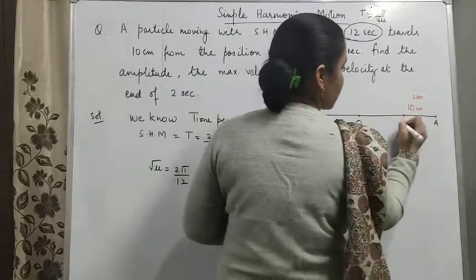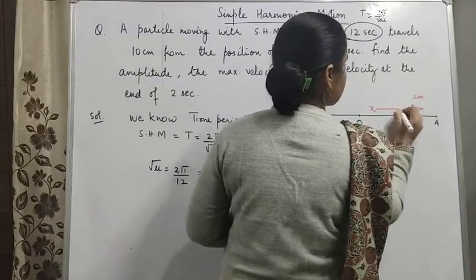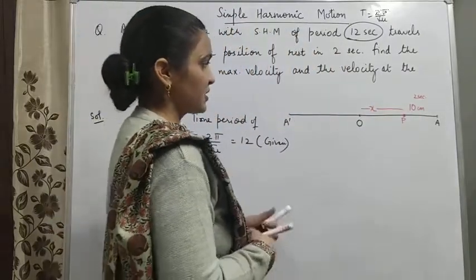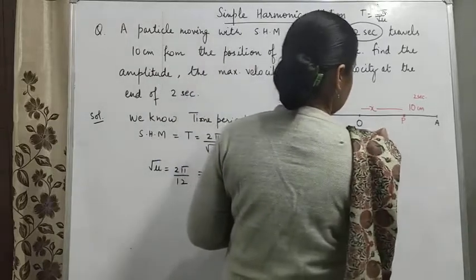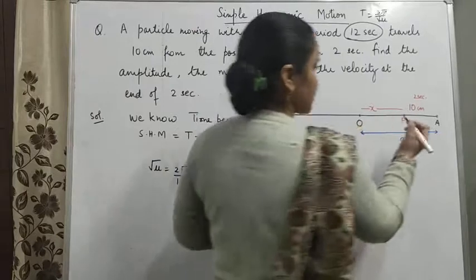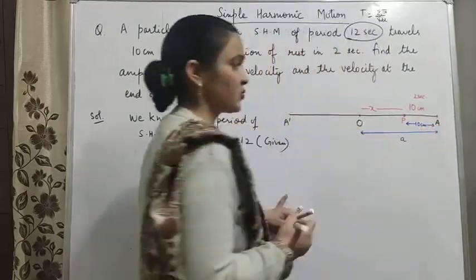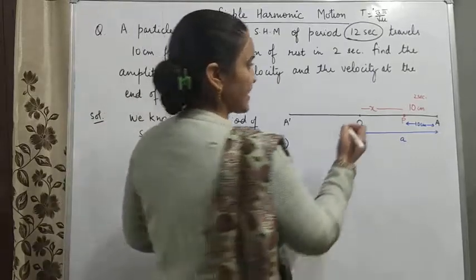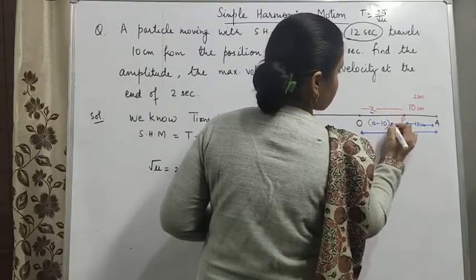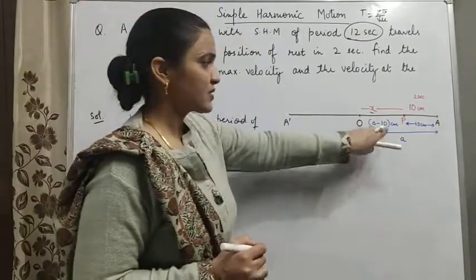So let this point be P. This is distance X. So what is the amplitude? Amplitude is this distance, small a. This distance is 10 centimeter. So what is this X? This X is A minus 10 centimeter. Clear?